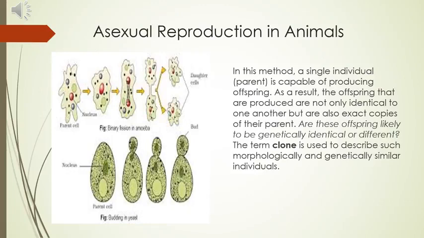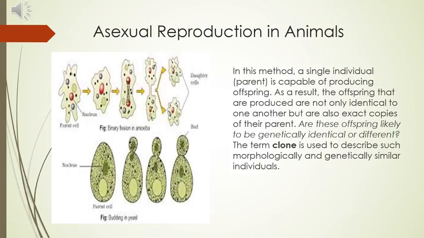So in the asexual mode, the offspring produced are genetically and morphologically similar to their parents, and for that we use a term known as a clone.